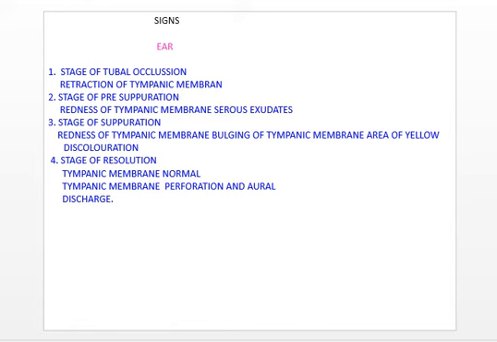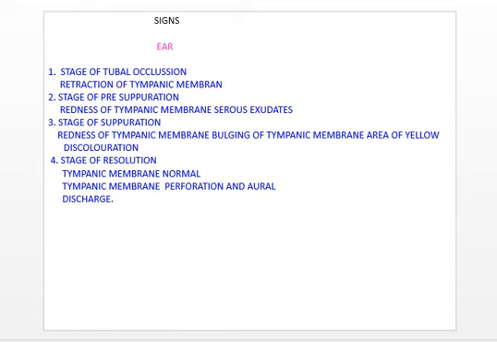When there is obstruction in the eustachian tube because of inflammation, obviously the air in the middle ear cavity, which is already present, is utilized and mild negative pressure is created, which is responsible for a retraction of the tympanic membrane.